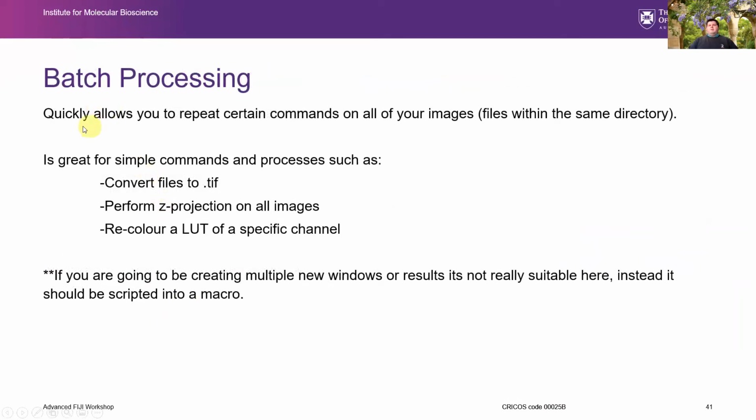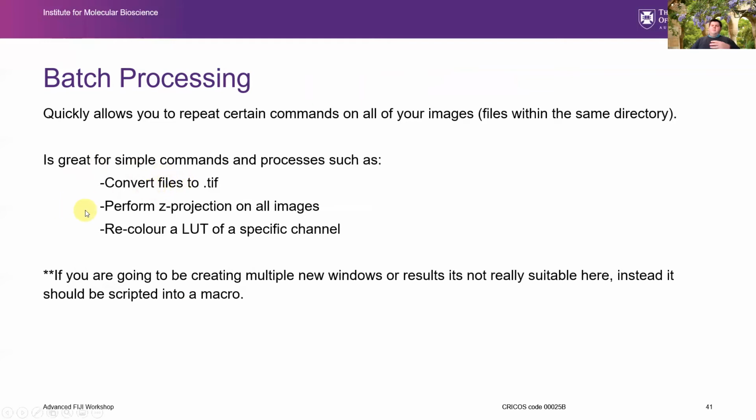There's batch processing. What batch processing does is it allows you to quickly repeat certain commands on all your images within a directory. It's great for simple commands and processes. Perhaps you have a bunch of files in a Bio-Formats format like CZIs, and you want to quickly convert them to TIFF. Well, you can do that with the batch processor.